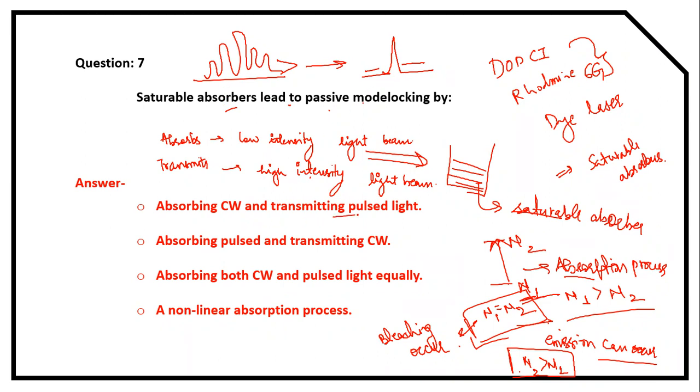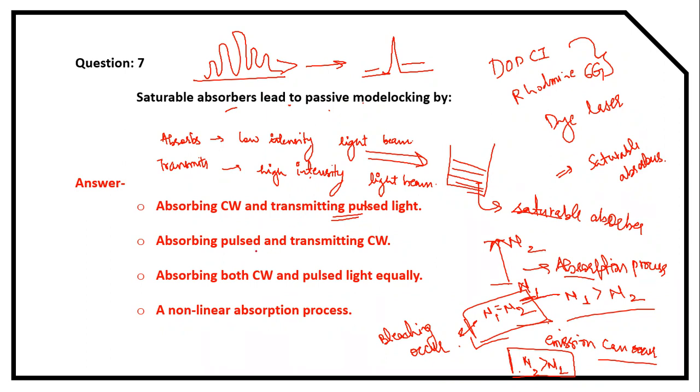What you get is the transmitted pulse beam, which has quite a high intensity, and the rest of the light beam, the low intensity part, is already absorbed. So passive mode locking is achieved by absorbing the CW and transmitting the pulse light.